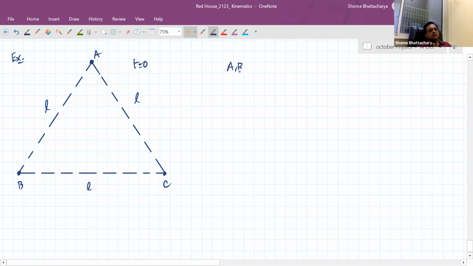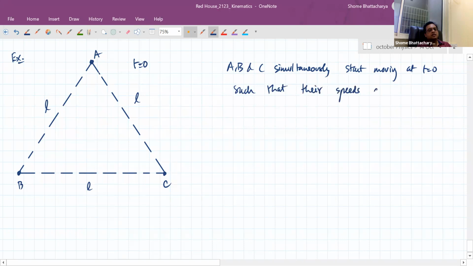Now, A, B, and C simultaneously start moving at t equal to 0 such that their speeds are constant.